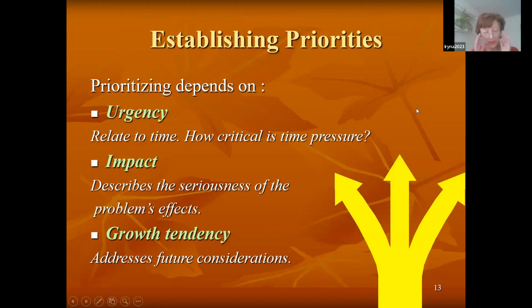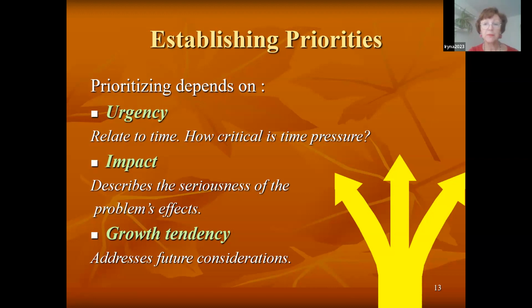So every time the management of the company faces a number of solutions to be taken, a number of decisions, the decision-making process, when there are a number of issues, needs to be based on priorities. And prioritizing depends on urgency.